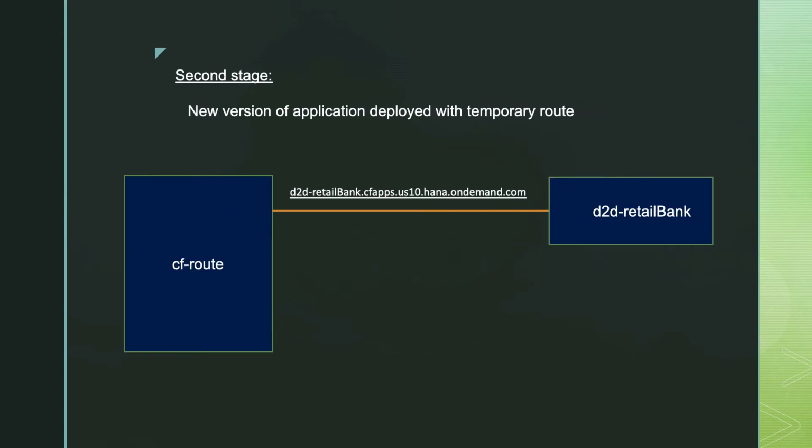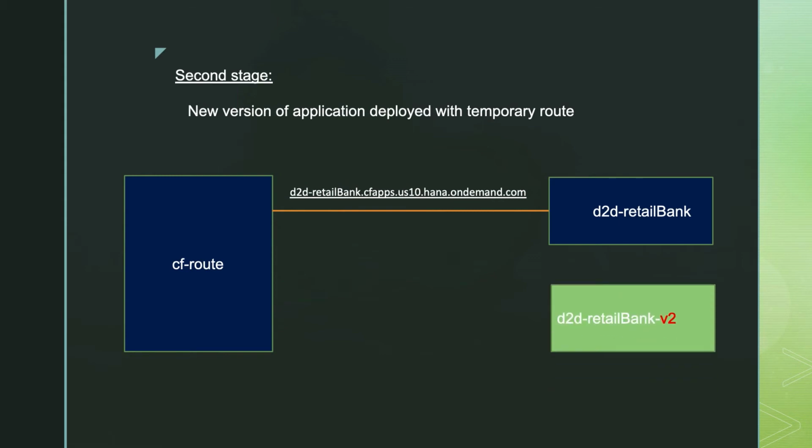In the second stage, the new version of the application is deployed with a temporary route. We see D2D retail bank version 2 is deployed, and it has a temporary route, temp-d2d-retail-bank.cfapps.us10.hana.ondemand.com.